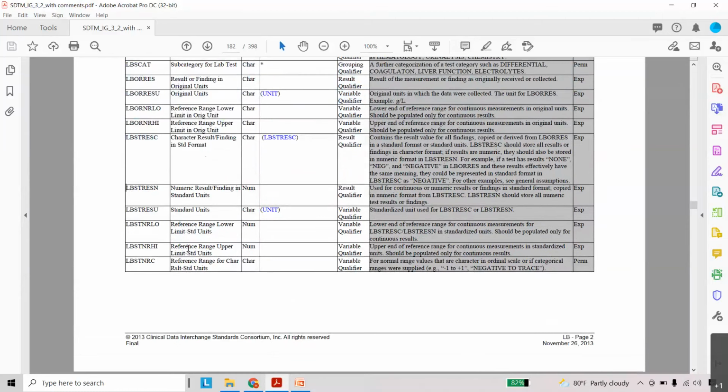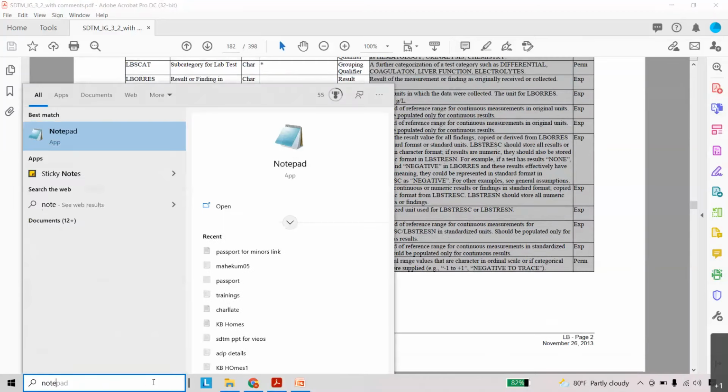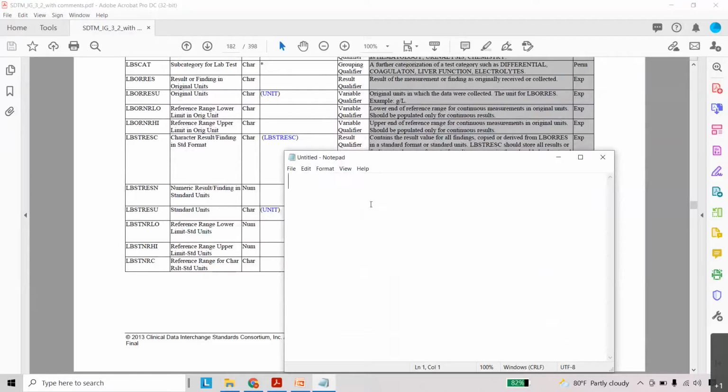If you see here LBORRES, this result can be moved to LBSTRESC, the standard results character.